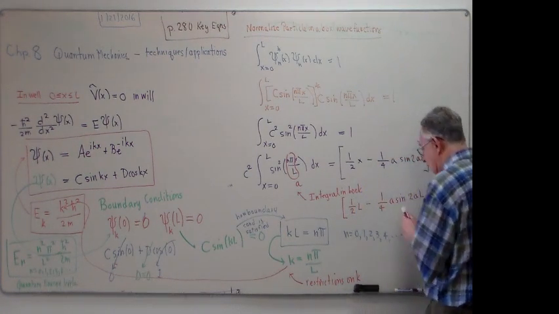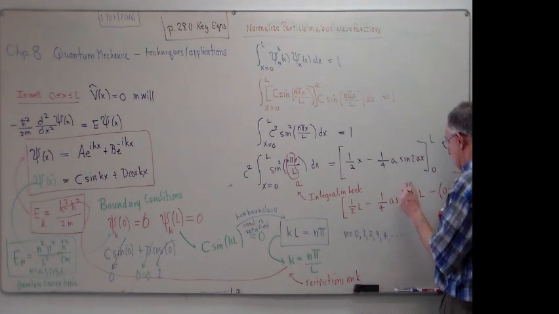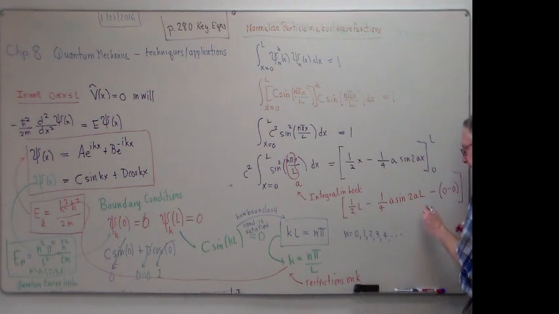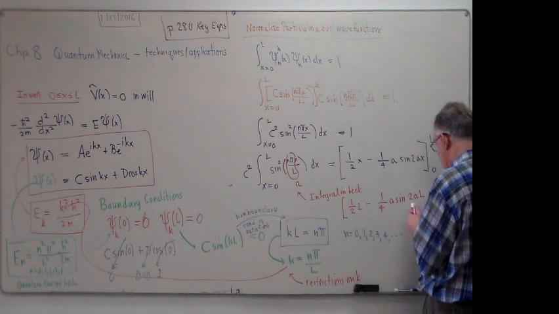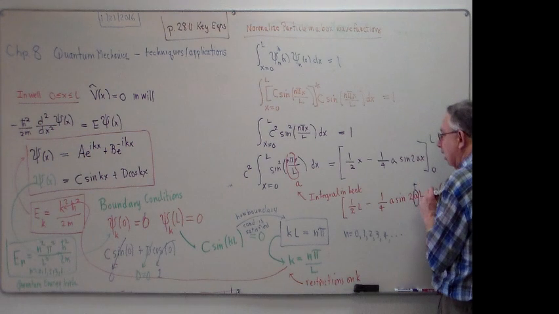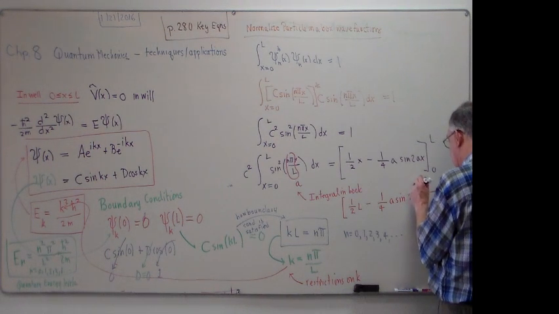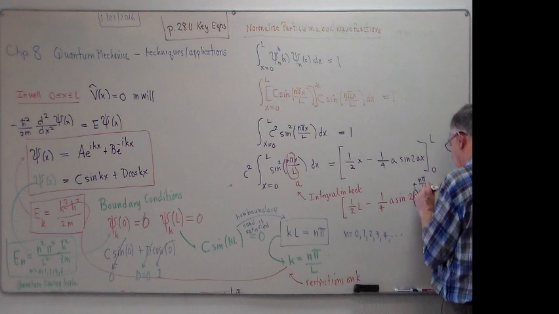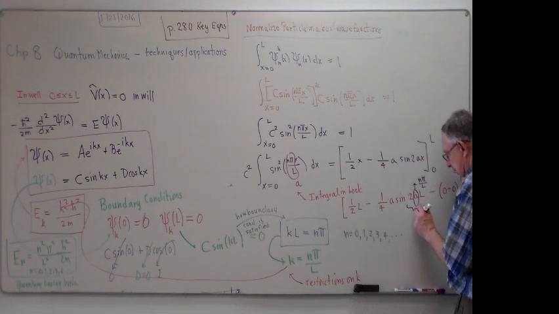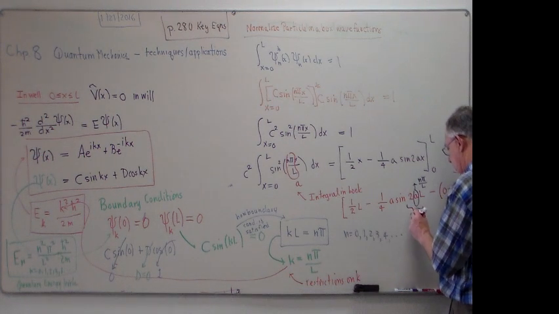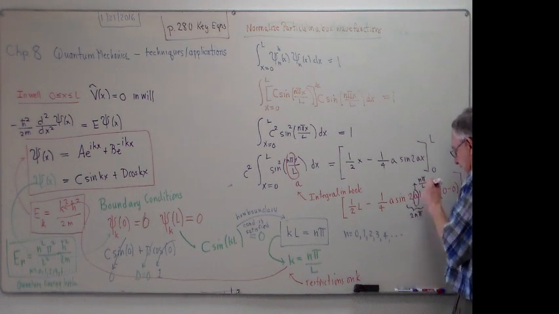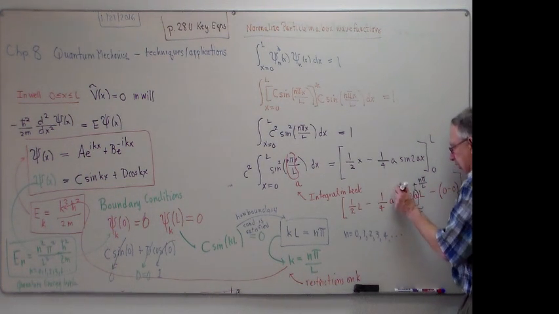Now let's keep this 1/2 L in mind here, and now we have to put in what the a is. The a in our case, by definition, is n pi over L. Convince yourself that the argument of the sine is 2n pi, and the L cancels out, and this whole term goes to 0.